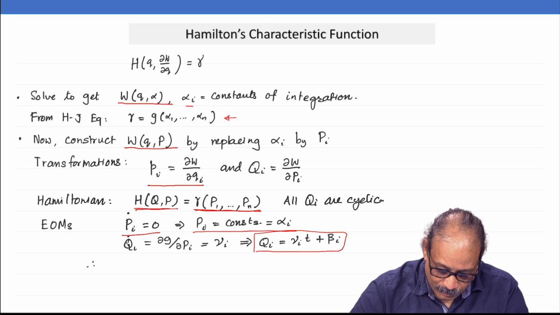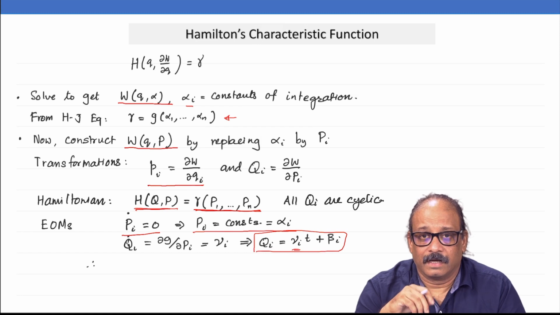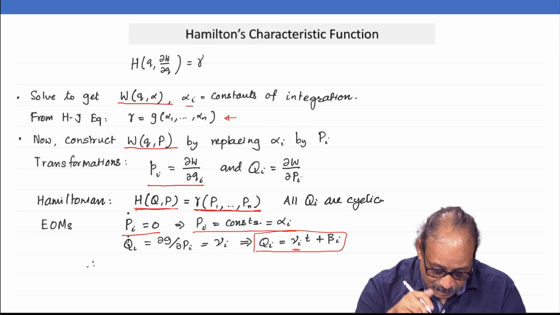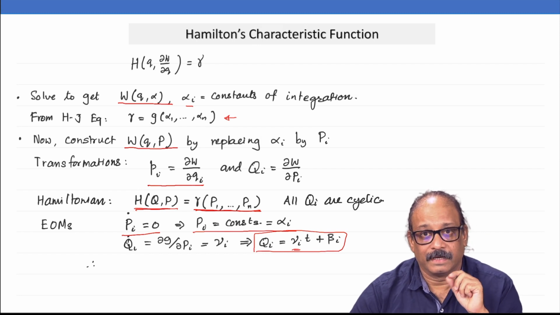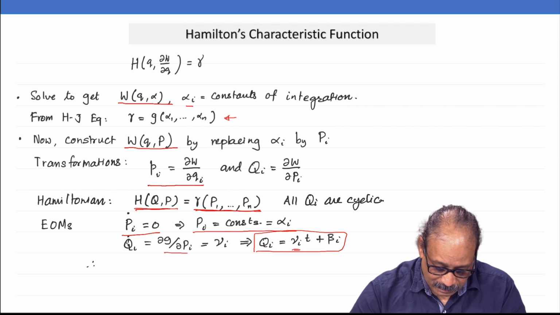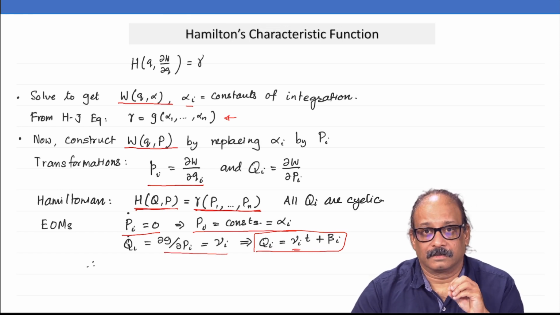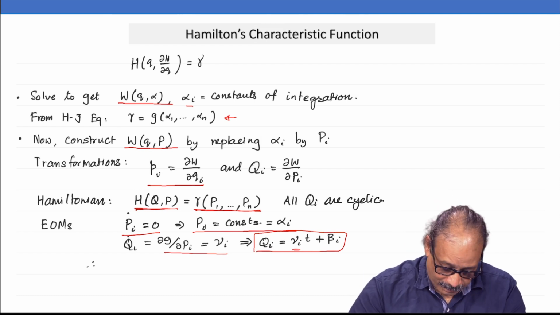Remember, of course, nu I are already known; the only constants which appear in this one are alpha I and beta I. Nu, of course, is known because nu comes from gamma, which is a function of alpha. So, this is in fact just the statement that the nu I's are just calculated from alpha I's. Okay.